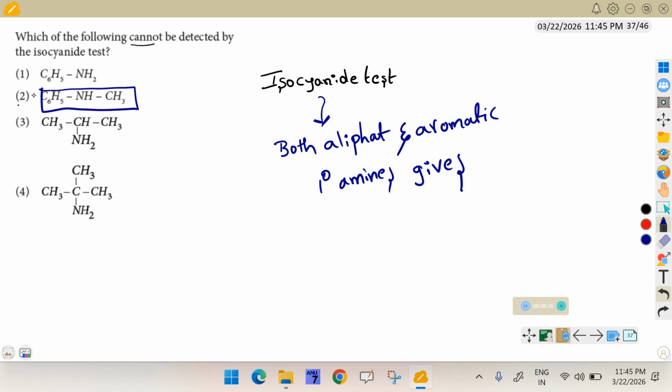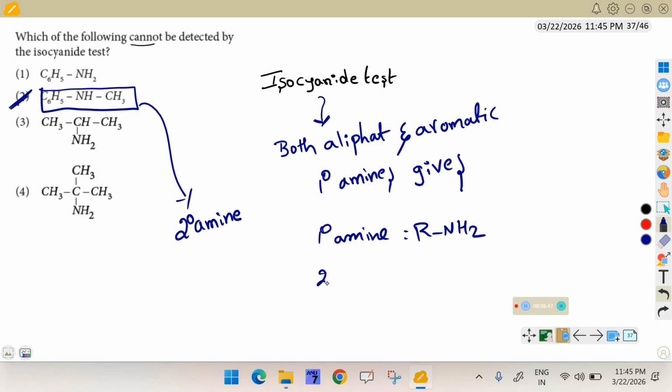C6H5NHCH3 does not give it because it is a 2 degree amine. 1 degree amine formula is RNH2. 2 degree amine formula is RNHR. 3 degree amine formula is RNRR.